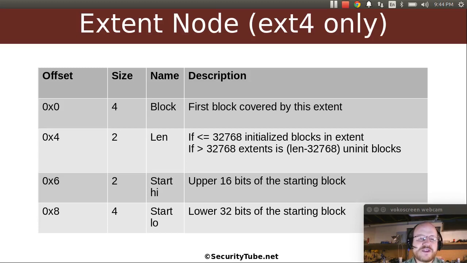And if it's greater than 32K, whatever is stored there minus 32K is the number of uninitialized blocks. Then we have another 48-bit value, with the upper 16 bits of the starting block and the lower 32 bits of the starting block.